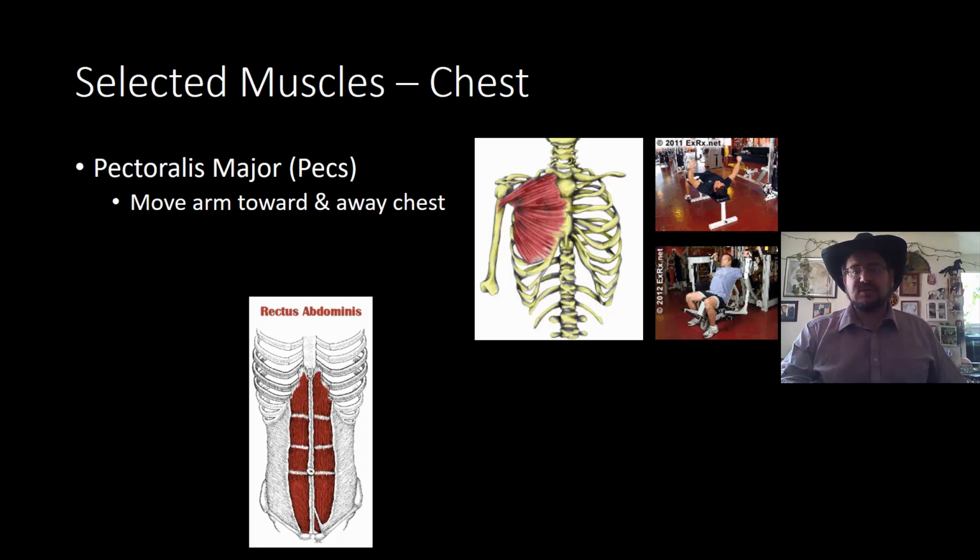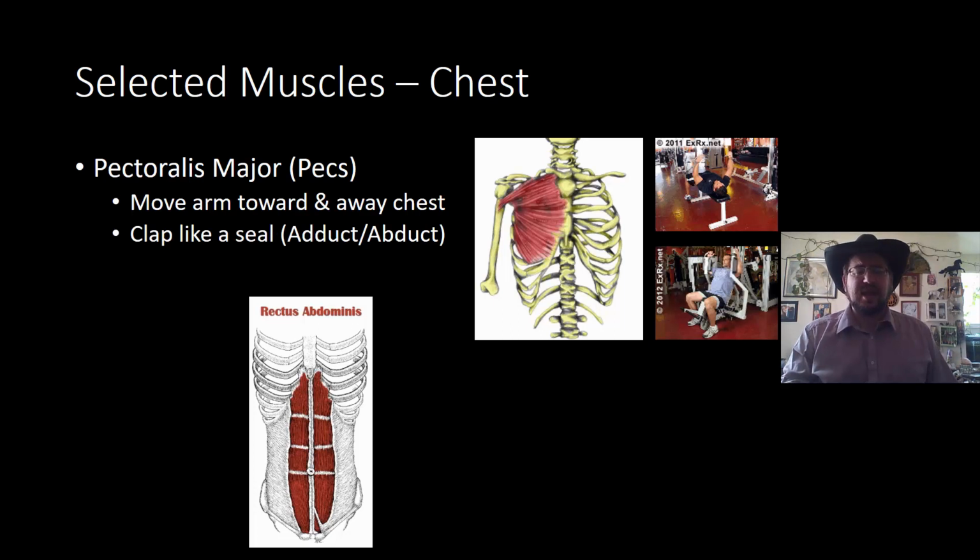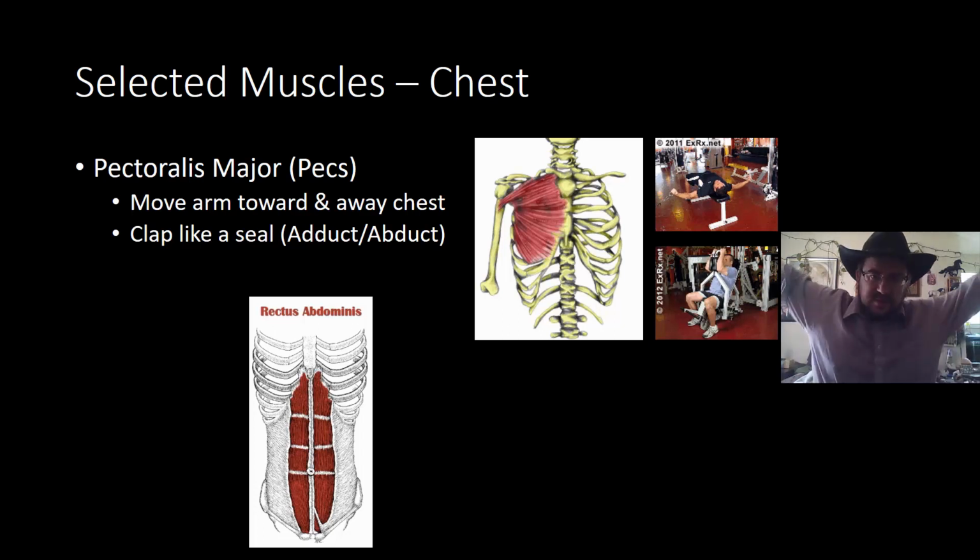So, when they move the arms towards and away from the chest, you can think of this in two different ways, right? So I like to think of it as clapping like a seal. Because if I say flap your wings like a bird, people would do this, you know.